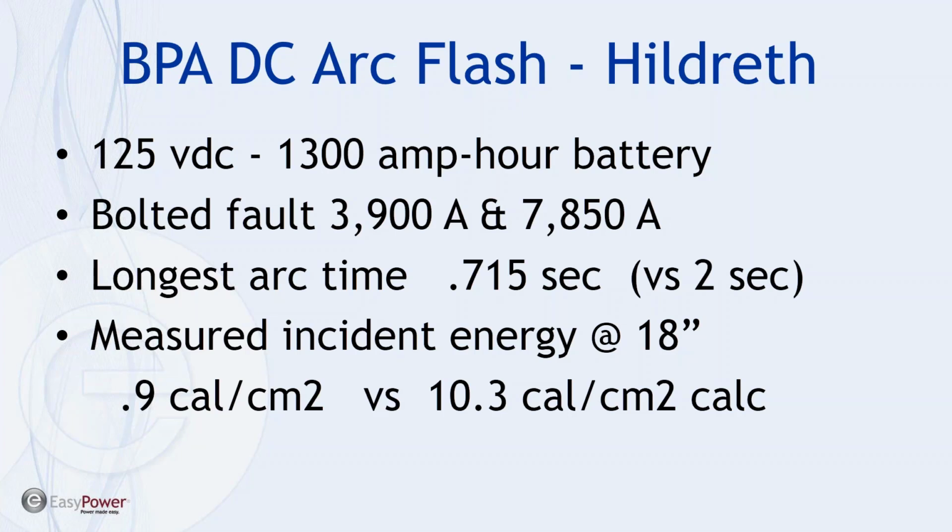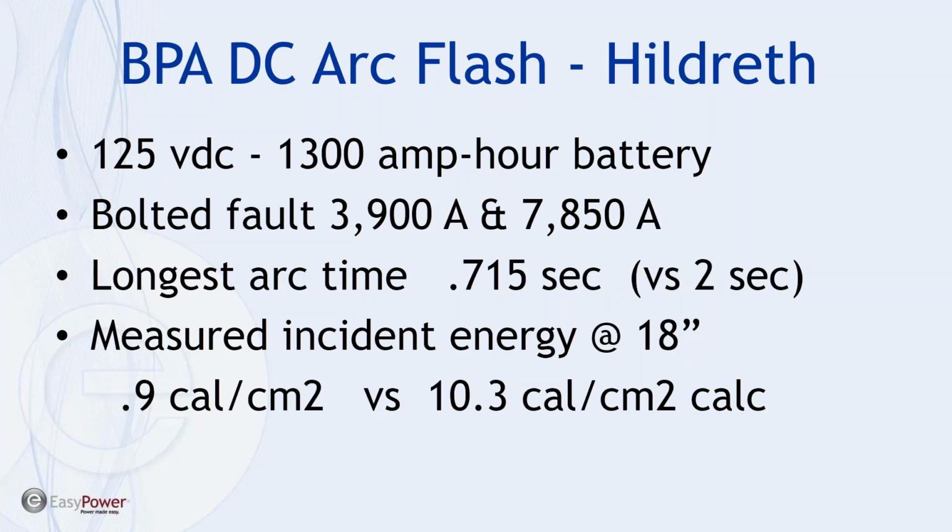The longest arc time that they were able to produce was 715 milliseconds. And as you read this report, they conducted it very much like the original IEEE testing 10 years ago, where they set up the array of calorimeters and measured energy as they induced the arc with some measured amount of current and voltage.